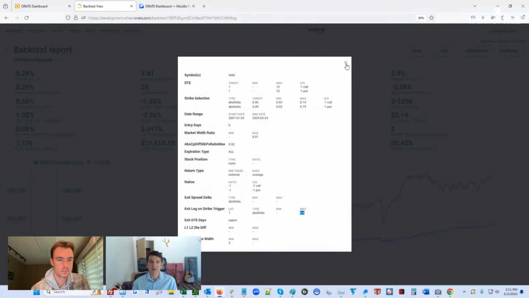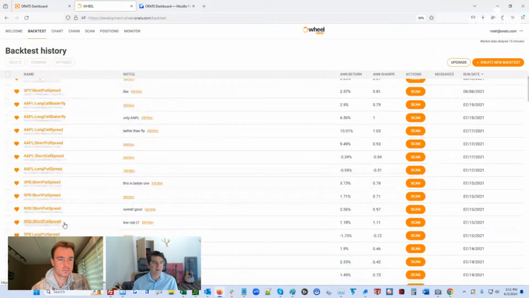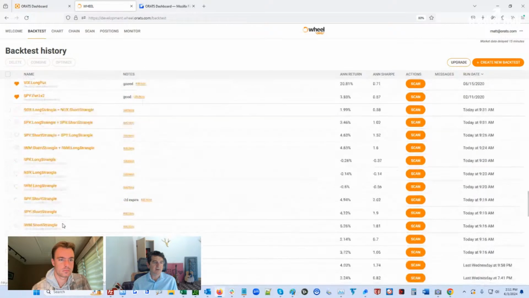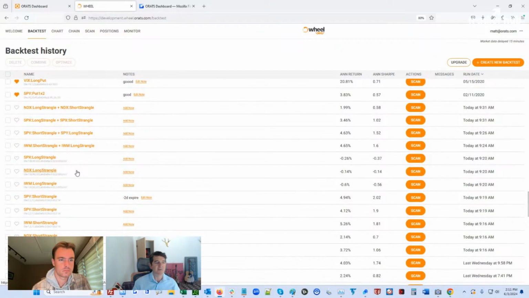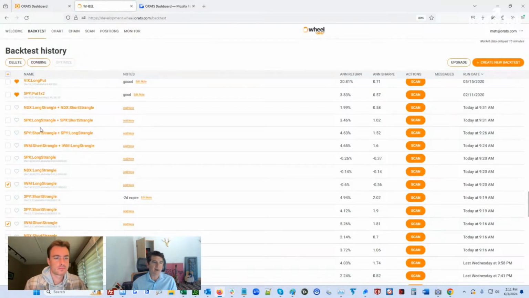And then you combine those, as you mentioned, and this is again the legacy, and this is a really neat feature, and it allows almost infinite flexibility, because then you could take the long strangle and the short strangle, combine it, and you can combine it in any weighting that you want. So I just did 1-to-1 and combined it. So that's how we got the strategy that we were looking at before.